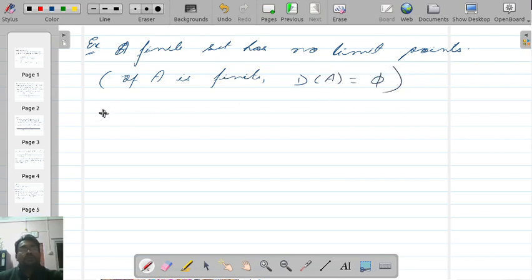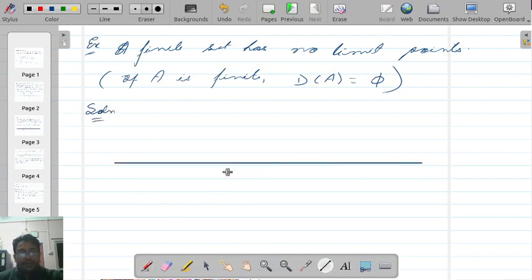It has no limit points. So how to show that? Basically we will use the geometrical idea here. Suppose you have a finite set. In your first unit we have seen that finite sets can be written in this way: A1, A2, A3, A4, A5, something like this.